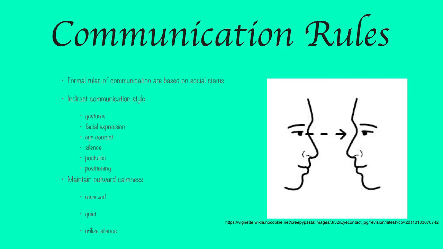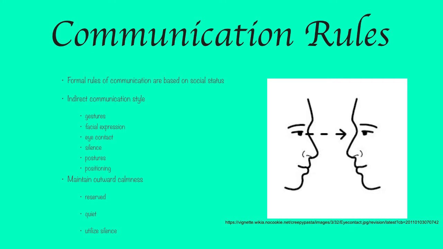Lots of gestures, facial expressions, silence as a way to communicate, postures and positioning. So much of this information is going to be conveyed through nonverbal cues, and this may seem evasive or non-committal to Americans who are used to a more direct communication style.